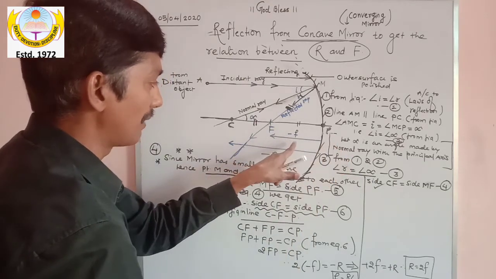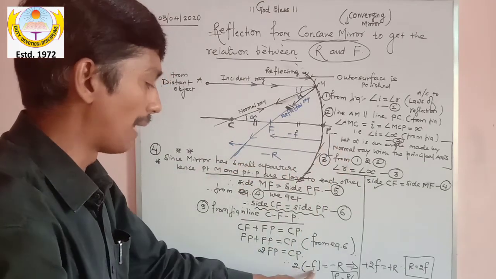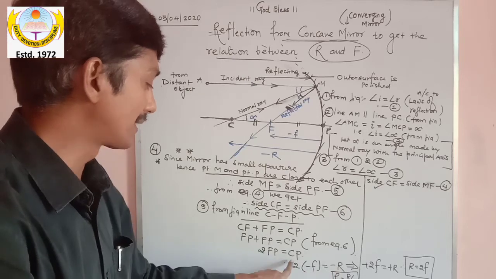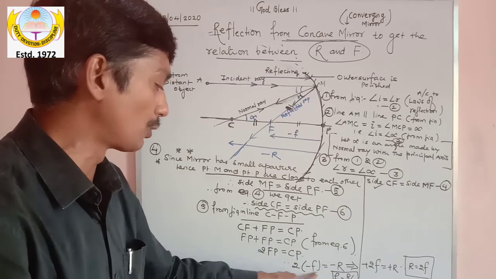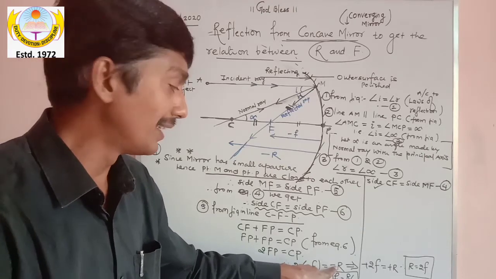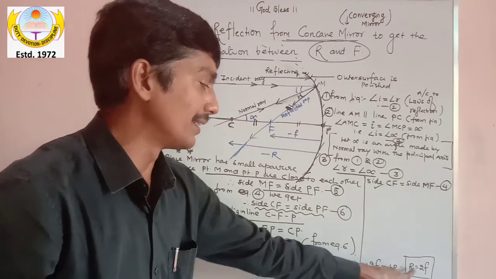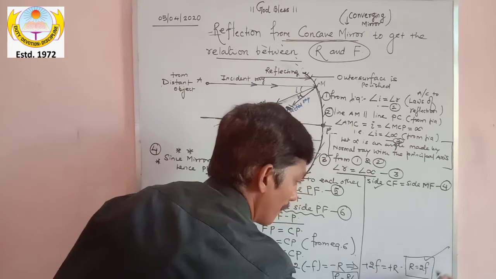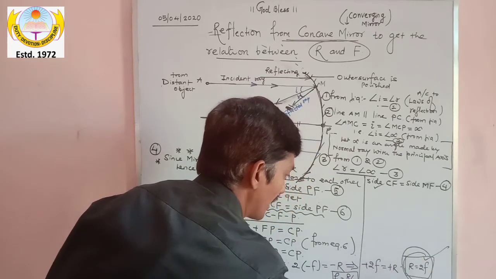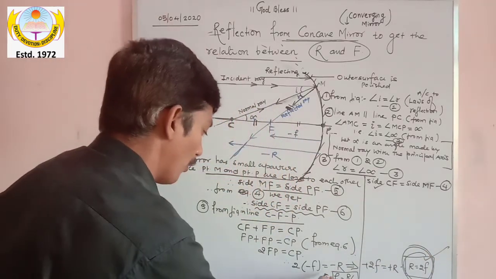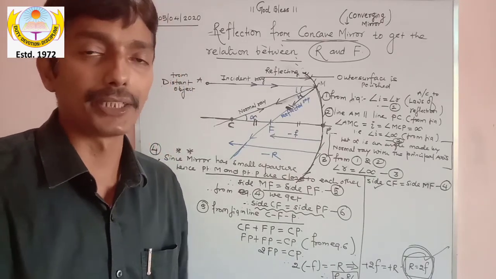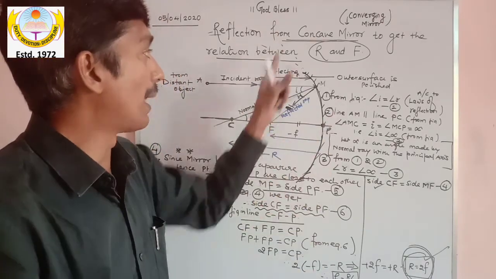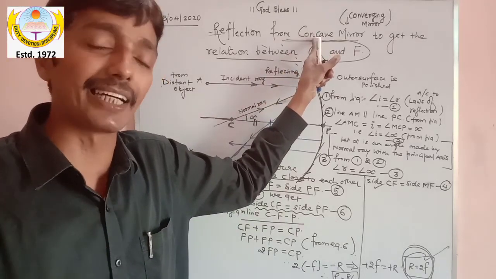FP is minus F, so this will be 2 into minus F is equal to minus R. Am I clear? And here if I go for this, this is minus 2F is equal to minus R. Minus and minus cancel, R is equal to 2F. You can see here, my dear, R is equal to 2F. Therefore, you can say, what is F? F is equal to R by 2. So this is the relation by using concave mirror, which is a converging mirror.